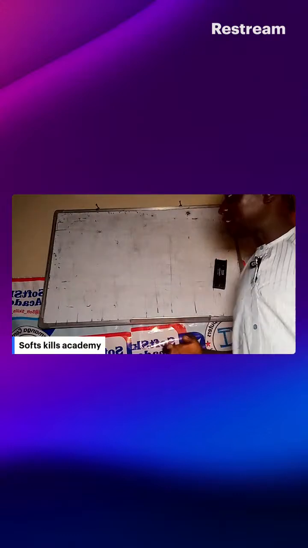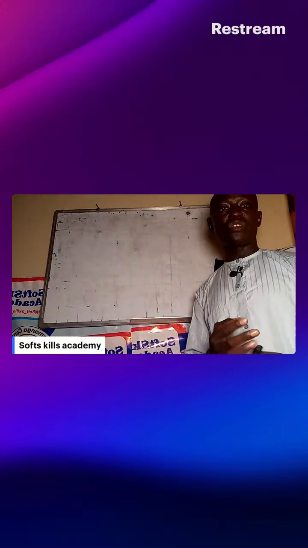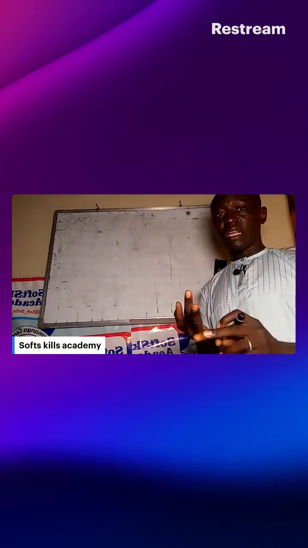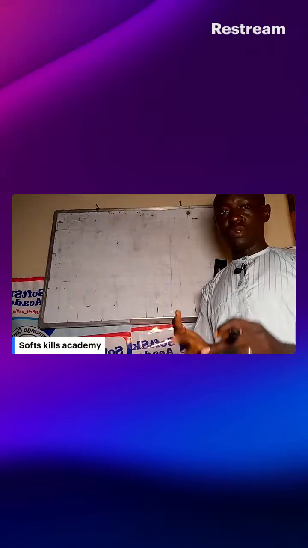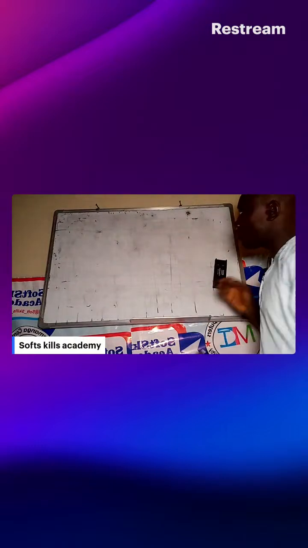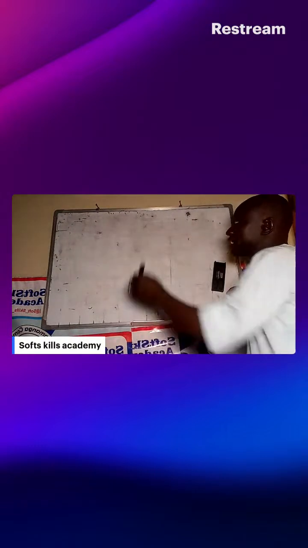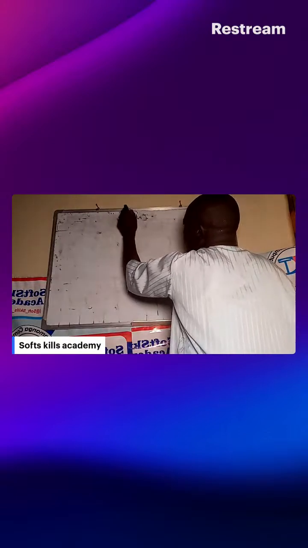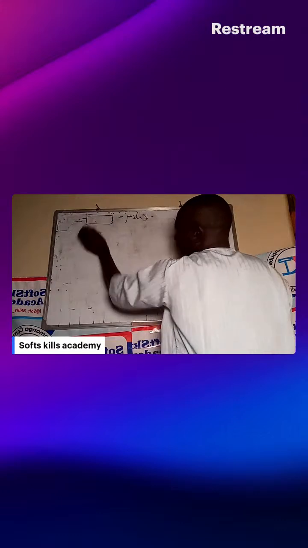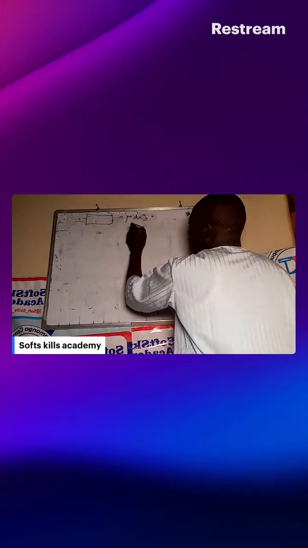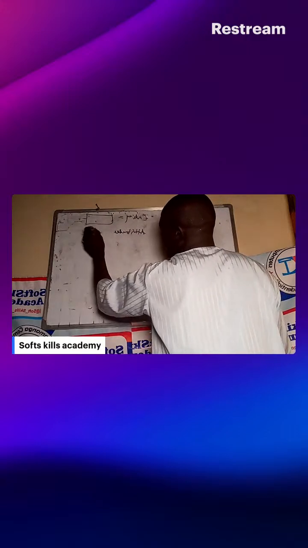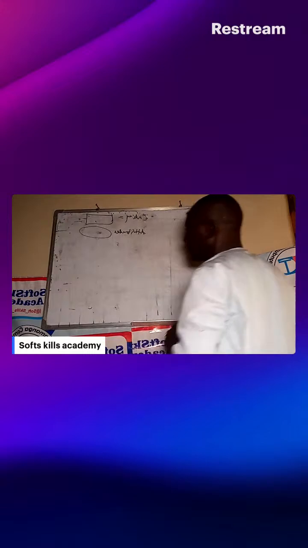In doing that, we said the entity relationship model has 3 basic components, and these components are entities, attributes, and then the association, that is the relationship. An entity is usually represented by a rectangle like this, and our attribute is represented by an oval like this one.